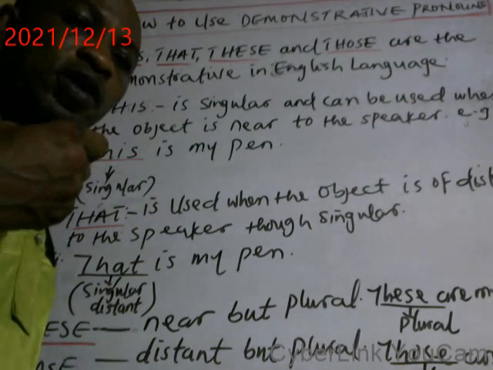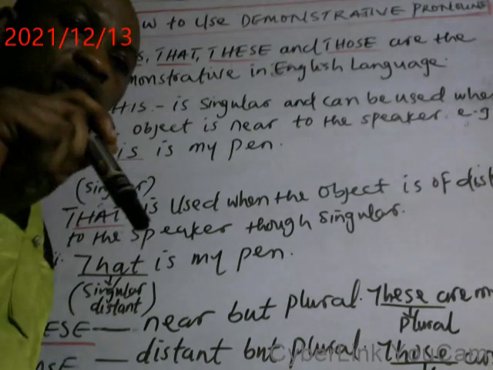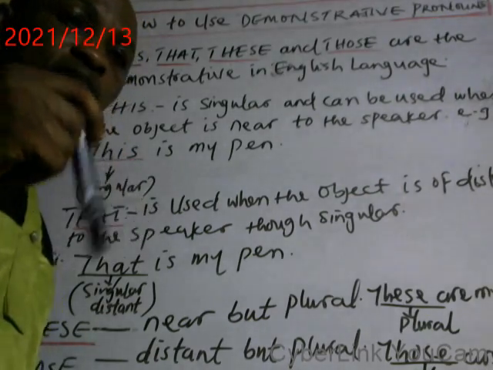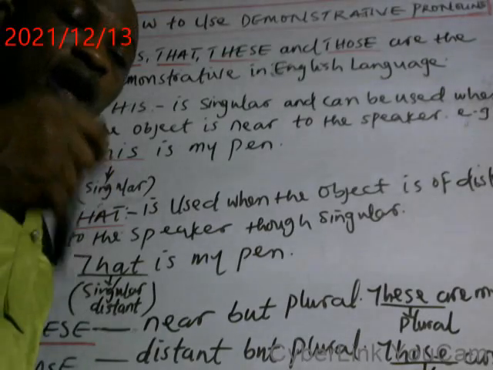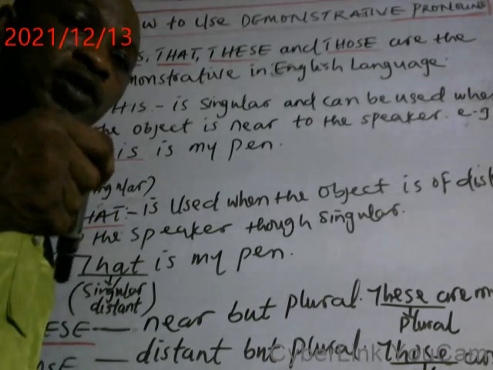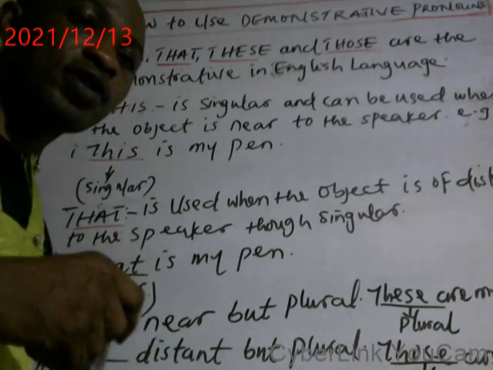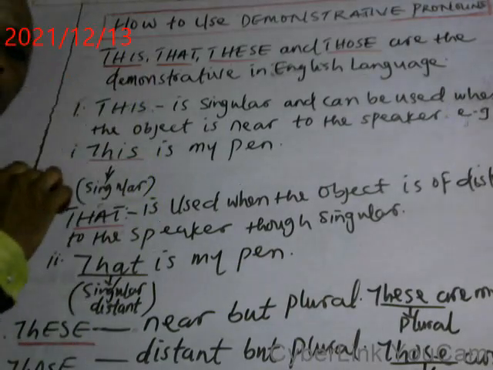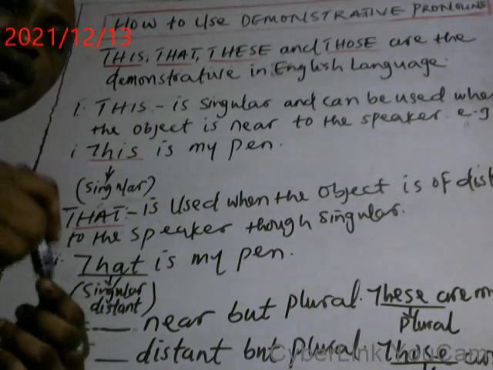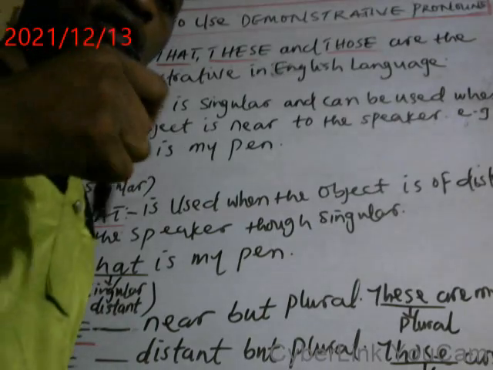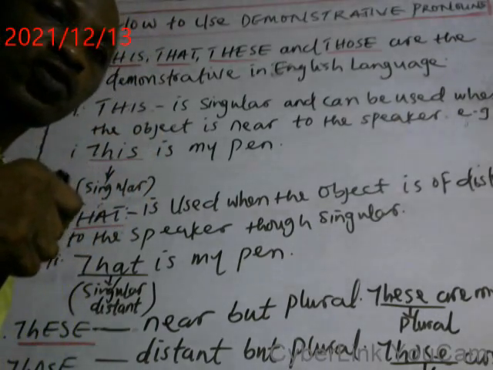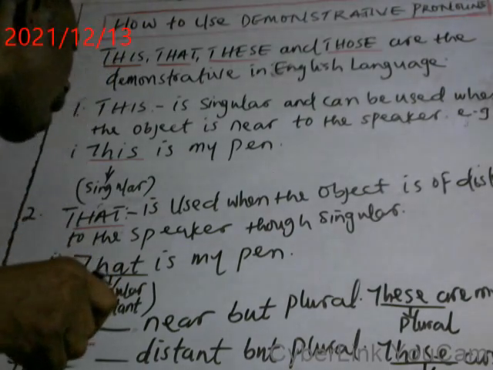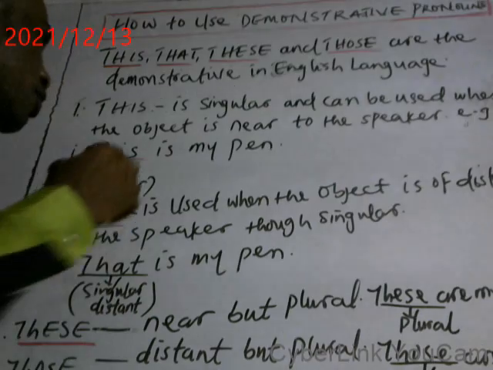Now, if you have an object that is very close to you, and such an object is singular, the right demonstrative pronoun to use is what? This. Okay? Why? Because the object you are referring to is very close to you and at the same time it is what? Singular.